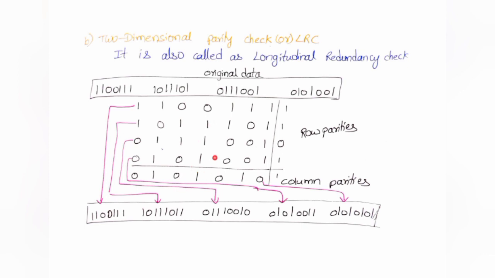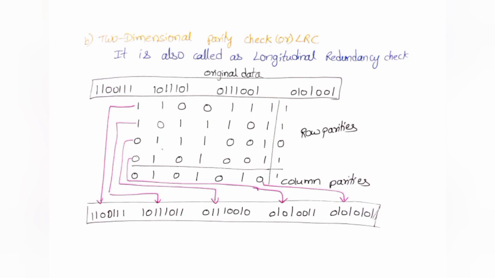And here there are 3 ones, so we'll add 1 bit to make it 4, that is to follow the even parity concept. So here it is already in even parity, so we will add a 0 here. And here there is only 1, so we need to add 1 extra bit to make it even parity. So here there are 4 ones, that means it is already in even format, so we'll add a 0 here.